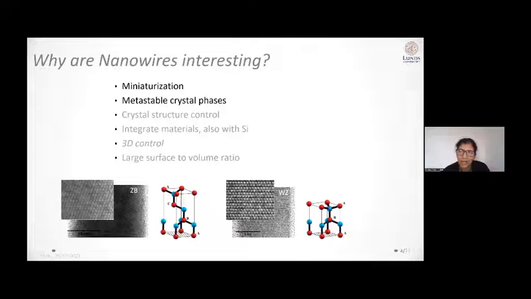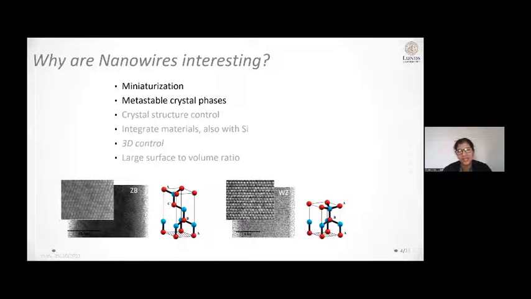And why nanowires are interesting is, as I told you initially, most nanostructures, including nanowires, are much smaller. And so you can have arrays of nanowires replacing the current, say, silicon technology, where things are much more miniaturized for the same sort of semiconductor processing.